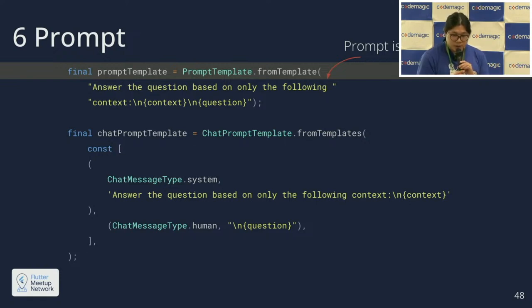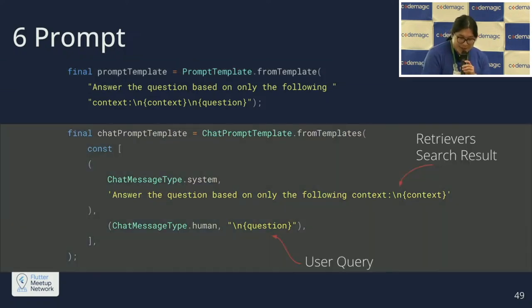This code creates a prompt template to generate answers based on context and question text. The prompt template uses a string template with placeholder variables, which are replaced with actual values from retrievers or queries. This code creates a chat prompt template object and composes the template.